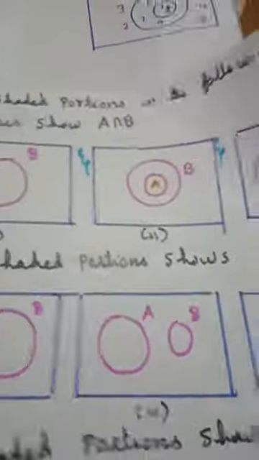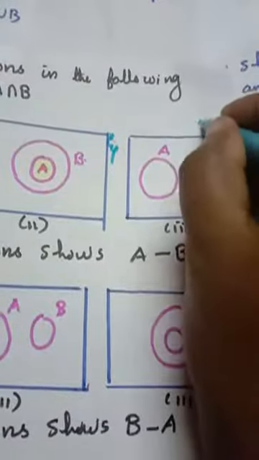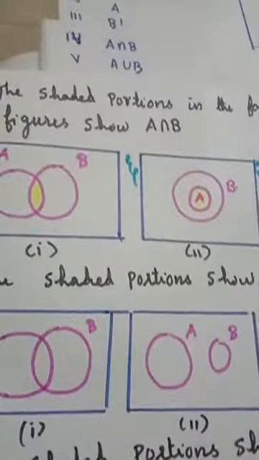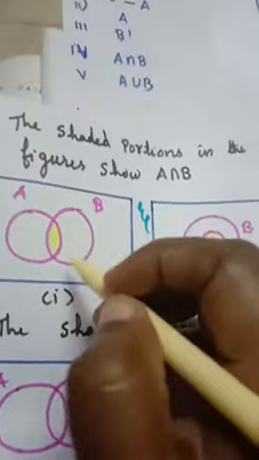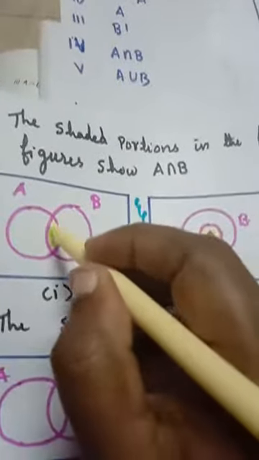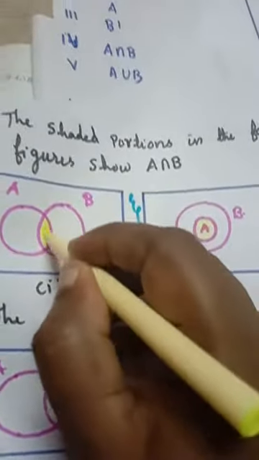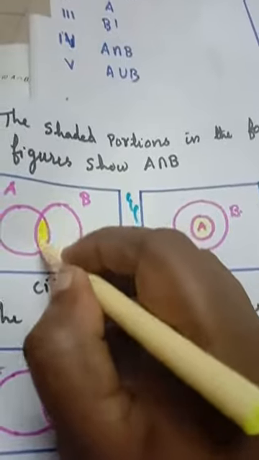This one is the universal set. A intersection B means the common part for A and B. This portion is common. So this one is the picture for A intersection B.